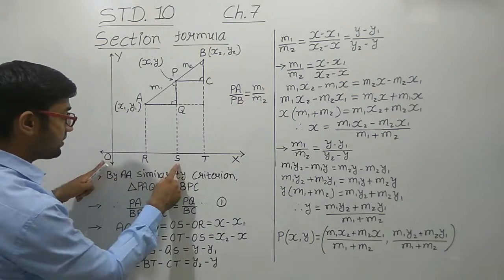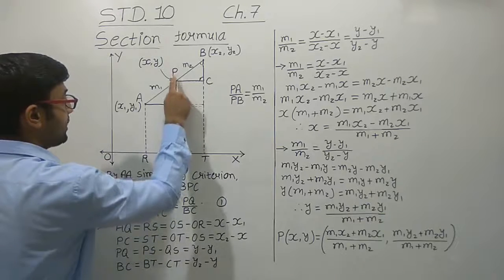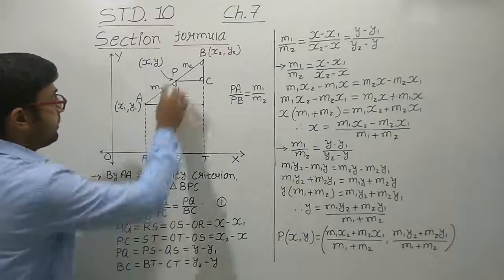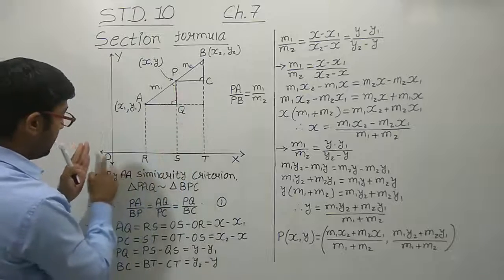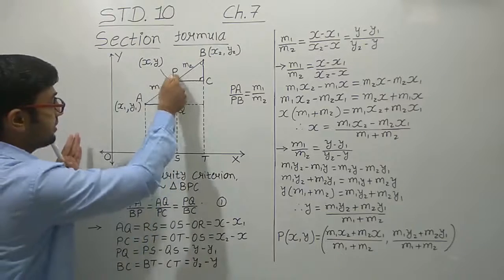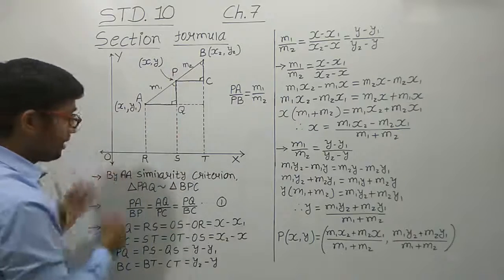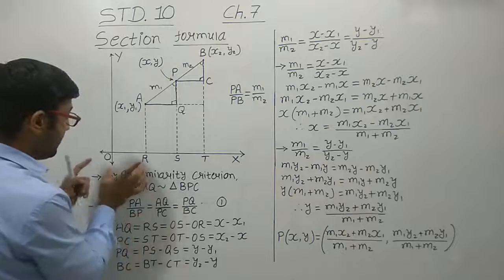See, from here we have taken a point P, whose X coordinate value is x. P point is at an x distance from the origin. That means this S point is also at an x distance from the origin. So OS distance is x.